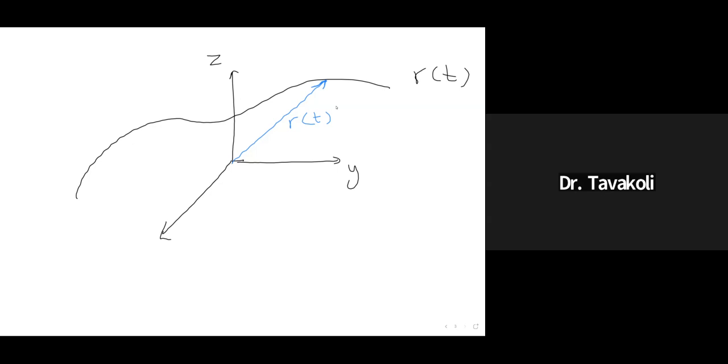One interesting thing is, in fact, that r prime of t will be parallel to the tangent to that curve at that point. So r prime of t, like in this picture, will be this vector. Of course, length depends on the components of r(t). So r prime of t has its own length, r of t has its own length.